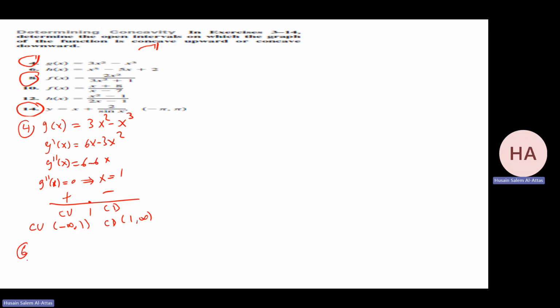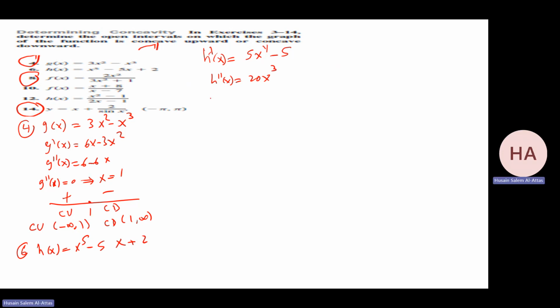Okay, number 6. h of x equals x to the power 5 minus 5x plus 2. Let us do h prime. That will be 5x to the power 4 minus 5. h double prime will be 20x cubed.